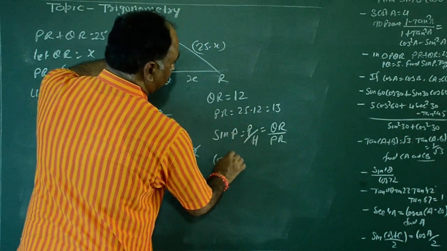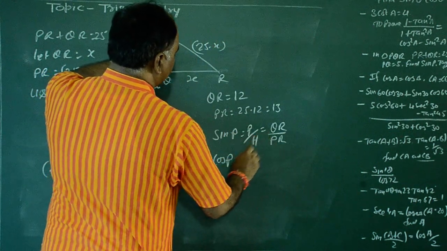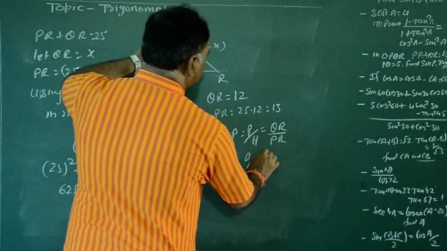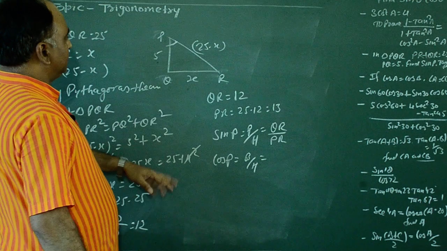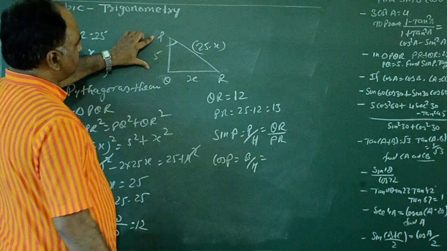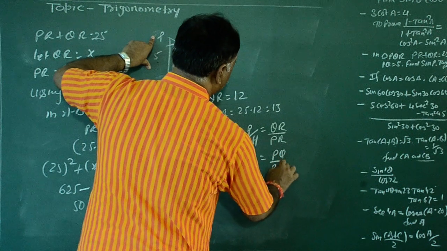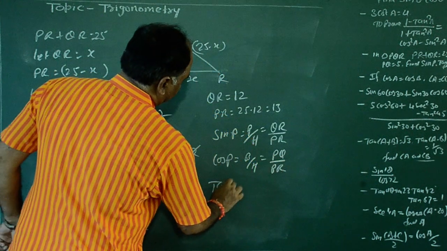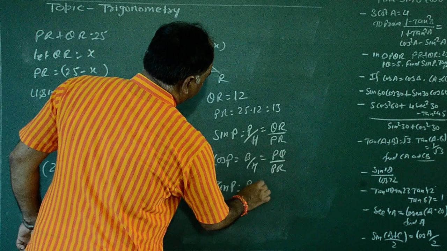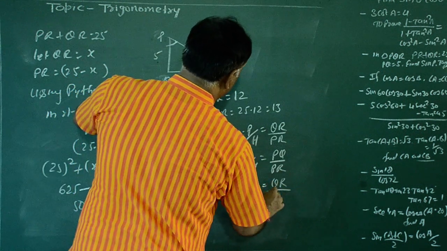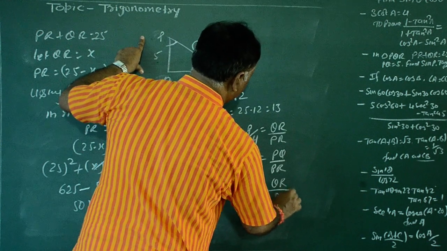Again, cos P, B upon H. Look here, base, what will be the base for angle P? That will be PQ, and then PR. Then tan P, P upon B. Here perpendicular is QR, and base you have PQ.